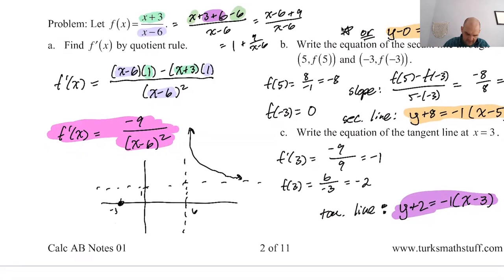All right, so here's my function. This is not a good rendition because my scale is atrocious. But -3 and 5. So 5 puts me down here maybe, right? So I get a line through those.